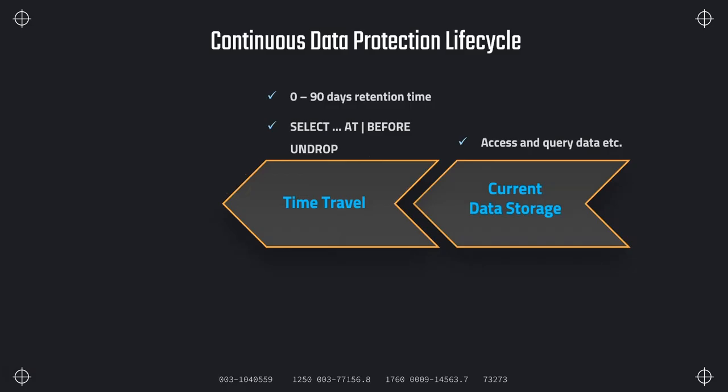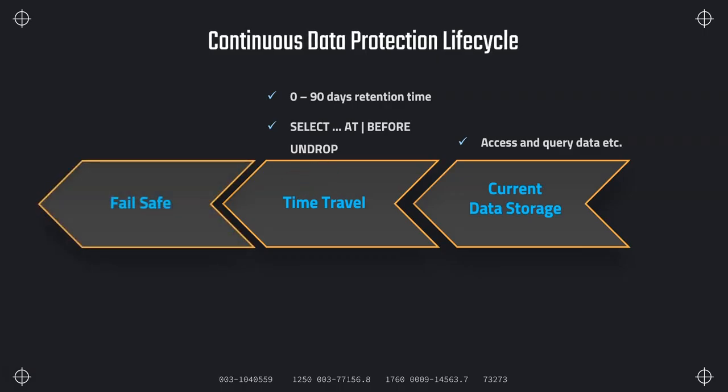So depending on what we have set up for our tables, which period, we store all of those previous versions or changes of the table in this time travel zone. And here we can also, as users, using select at or before, or undrop if something has been dropped, access this data. And then once the time travel period ends, the data automatically moves into the failsafe zone.